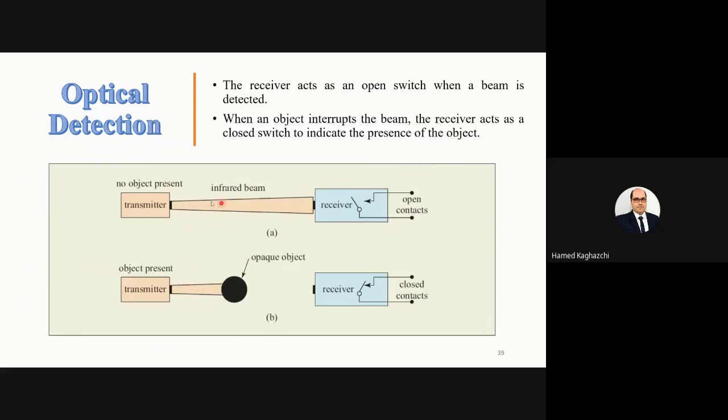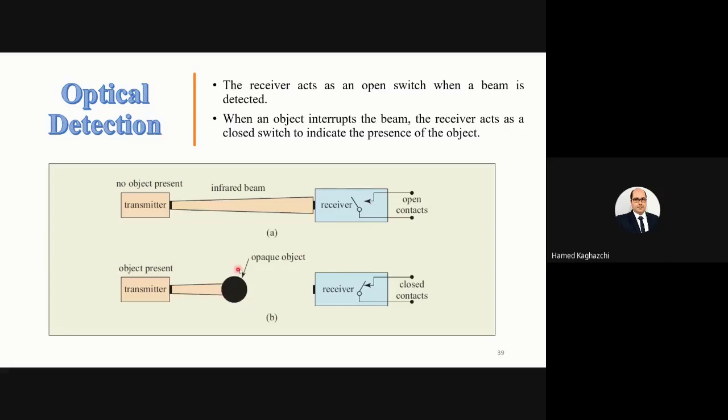When there isn't any object between these two components, transmitter and receiver, the receiver detects the light energy and produces a signal for the system that there is no object. Actually, these receivers act like an open switch.